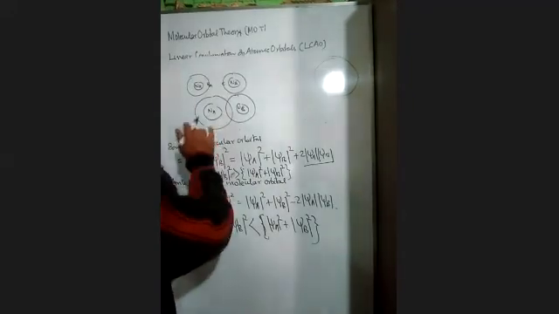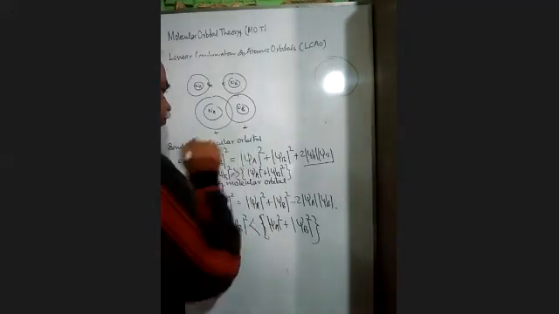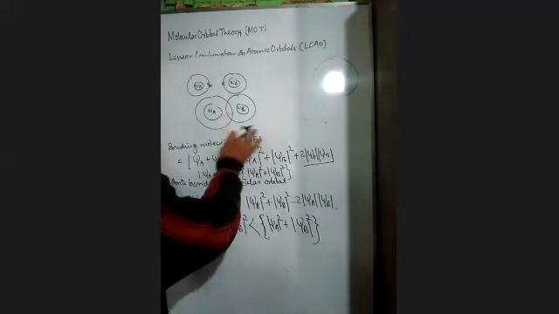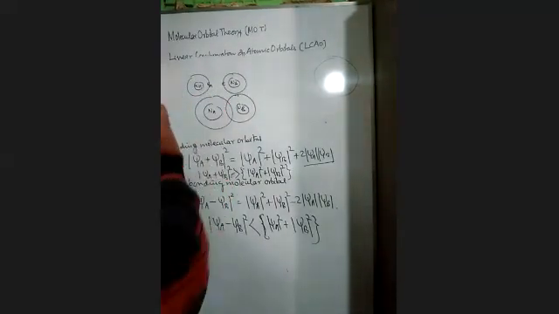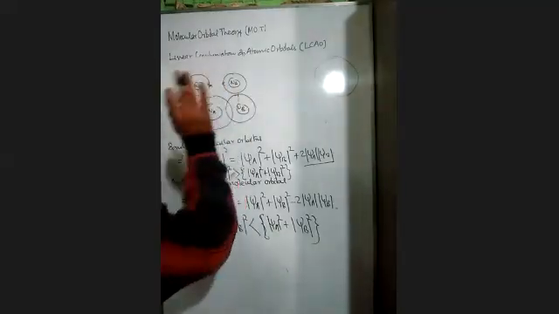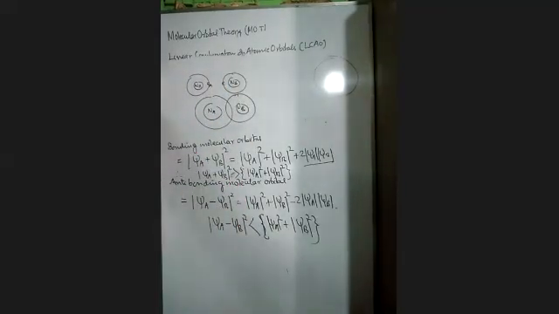Since the nuclei have positive charge, how to decrease their repulsion? If you put some more electrons inside, because the negative electron is going to reduce the repulsion of the two positive charges. So if more electrons are put here, repulsion is less, so they will come closer.